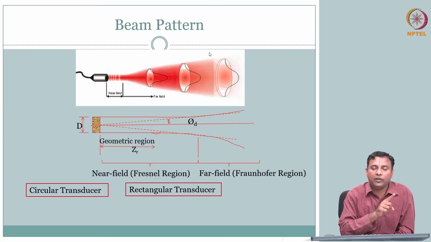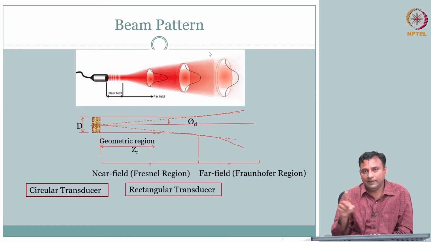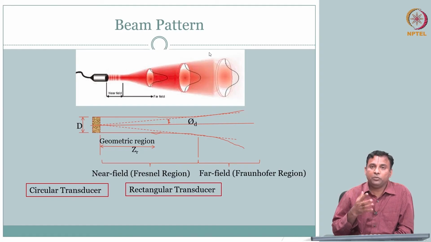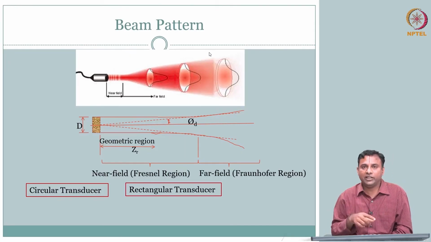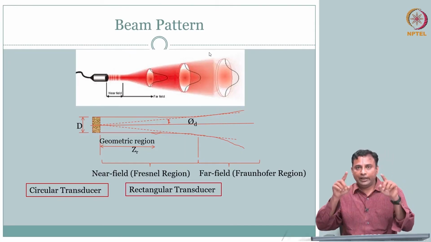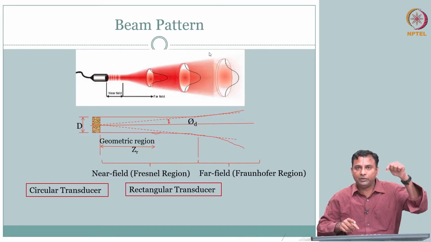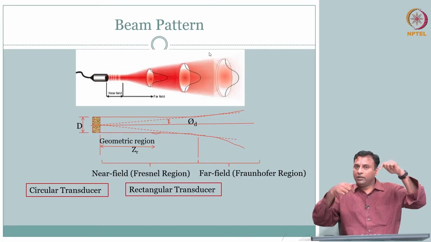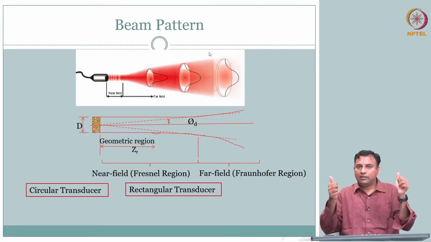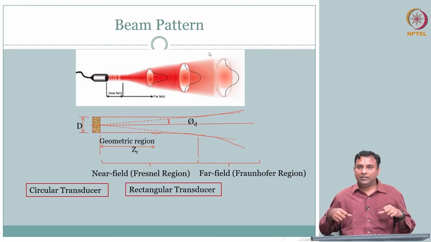So clearly, if I want only along z, that is one thing, but we are interested in imaging, right? So not only should we be able to locate in depth, we should also be able to locate in the azimuthal direction, then only do we get an image, right? If you look at the image, typically you have a depth direction, so skin will be at the top, and then you have the lateral width.